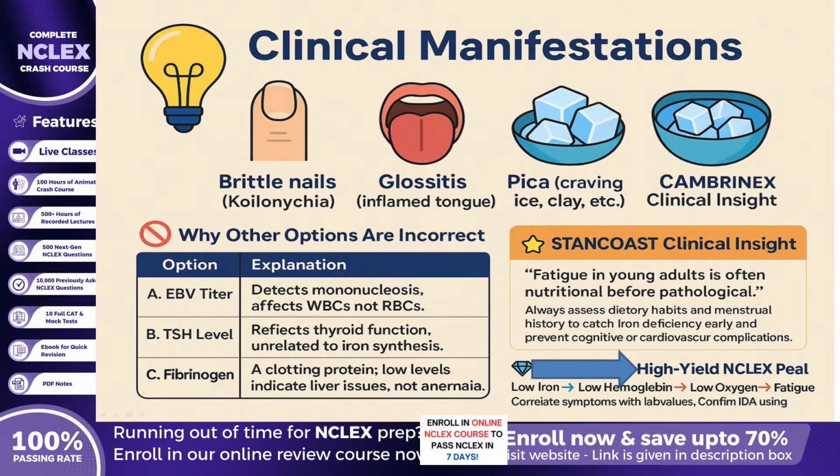Transitioning to the incorrect choices, Option A, the Epstein-Barr virus, EBV, titer, detects antibodies for infectious mononucleosis. Although this viral illness can cause fatigue, it primarily affects white blood cells, not red blood cells, and therefore would not reduce hemoglobin levels. Next, Option B, the thyroid-stimulating hormone, TSH, test, evaluates thyroid function.